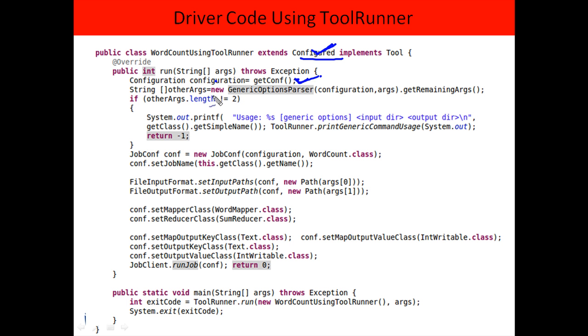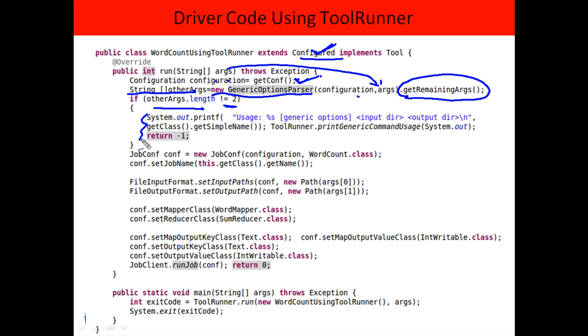Then I am creating an object called GenericOptionsParser, passing the configuration object and the arguments, and I am calling a method called getRemainingArgs. It returns me a string array. I am checking if the other arguments length is not equal to 2, I am printing the usage, how to use this class. We'll come to this.